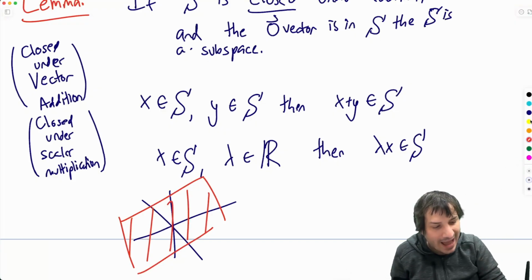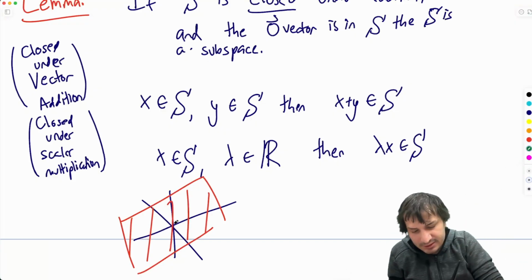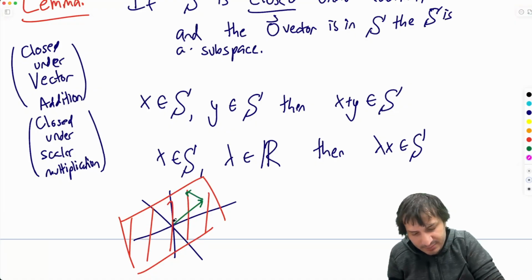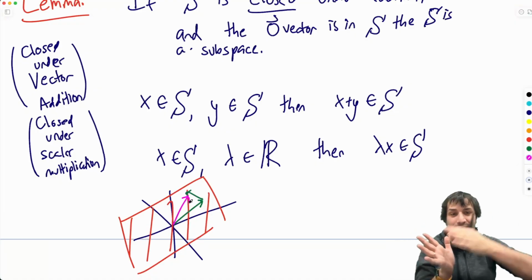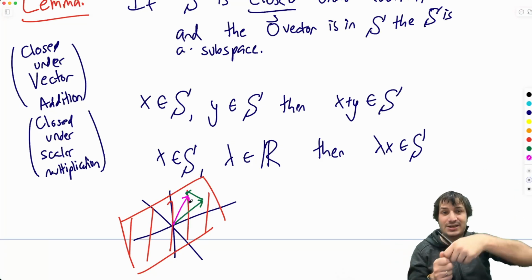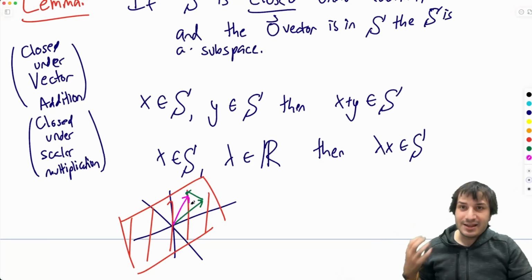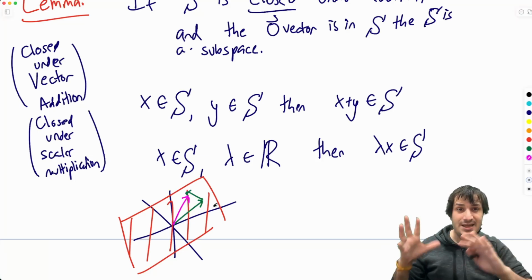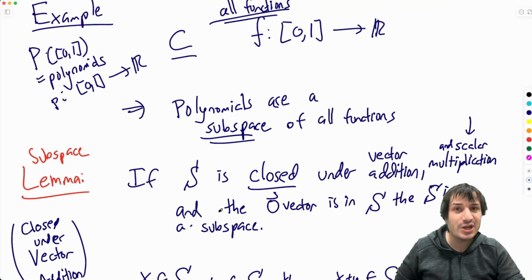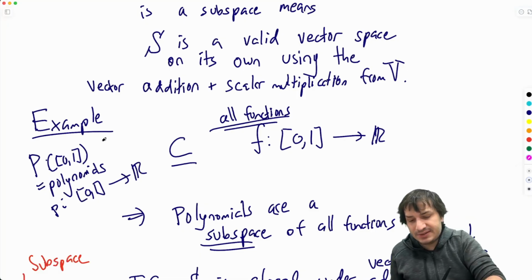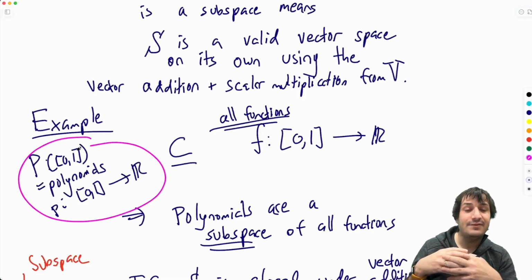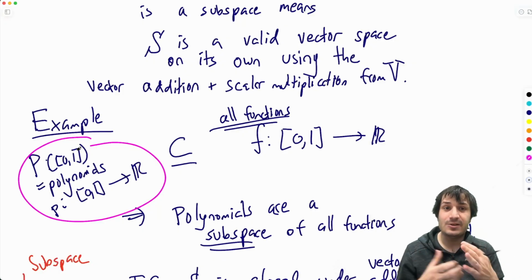That is because if you take two vectors that are in the plane, you will get a new vector in the plane when you add them together. And if you shrink a vector that is in the plane, it's still in the plane. So that's the classic example of a subspace in 3D and 2D. But in general, we're going to be looking at it this way. And the reason this example works is because a sum of polynomials is still a polynomial, and if you scalar multiply a polynomial, it is still a polynomial.